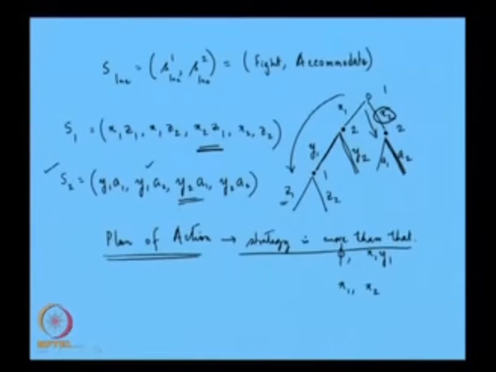So, though he is saying that I am going to play x2, maybe he makes a mistake and plays x1, and if x1 is played, there is a chance that y1 will also be played. So, x1 y1 could be a history, and if that is a history, then one has to specify what his action is going to be after that history, and that is why he is saying that z1 is going to be my action if x1 y1 is the history.